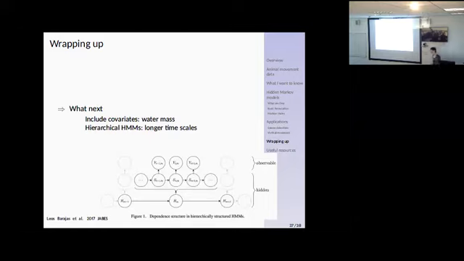And then the other thing that I want to do, which I will hopefully get to, is to try and look at estimating behavior over longer timescales with these hierarchical HMMs. So this is the structure that we usually use in HMMs, but you can actually have another layer. You can think of this as producing this HMM, and then this one is producing this HMM.